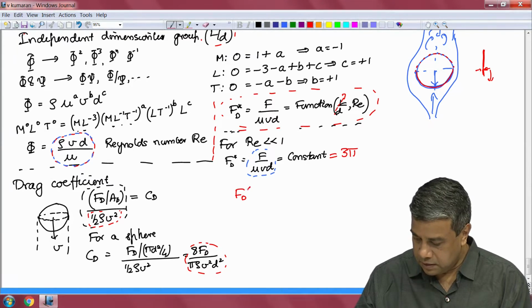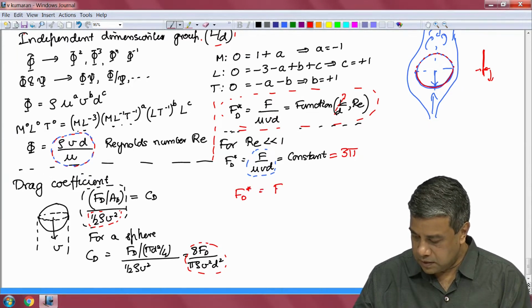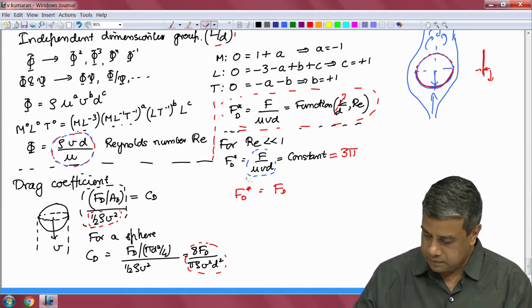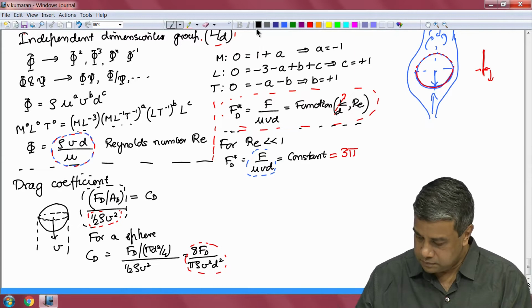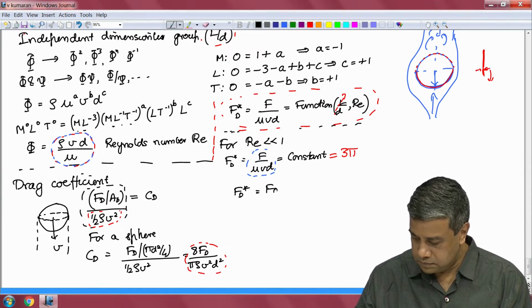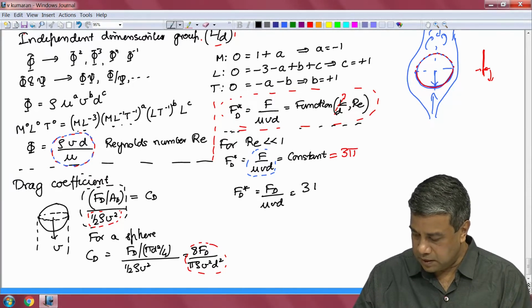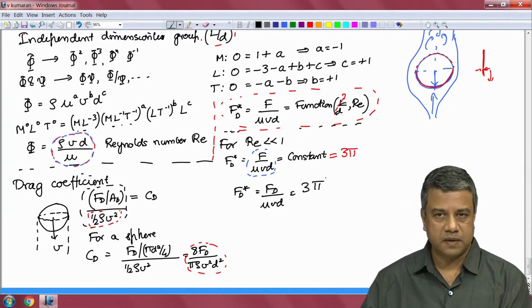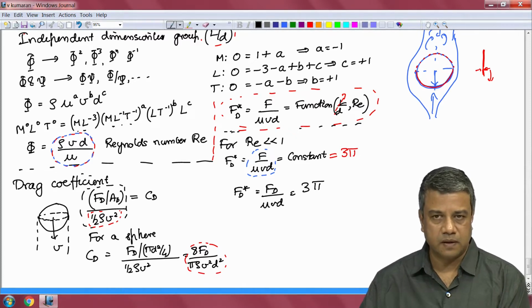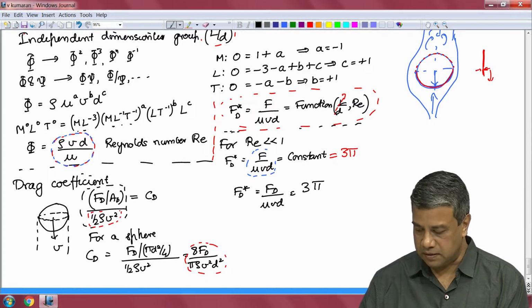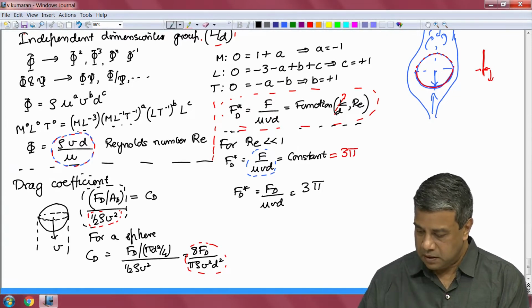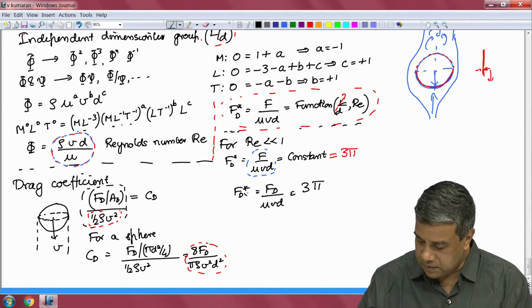For low Reynolds number, F d is equal to 3 pi mu v d, I had said. This constant 3 pi of course cannot be determined from dimensional analysis, but I am just using a result that I have not yet derived for you. So, this is the drag force scaled by the viscous scale.